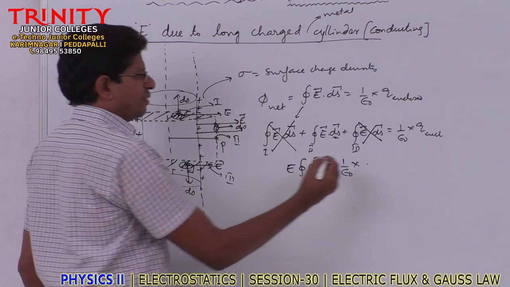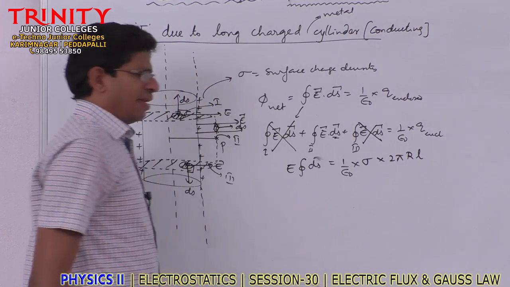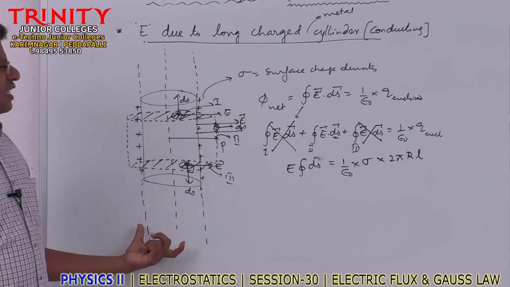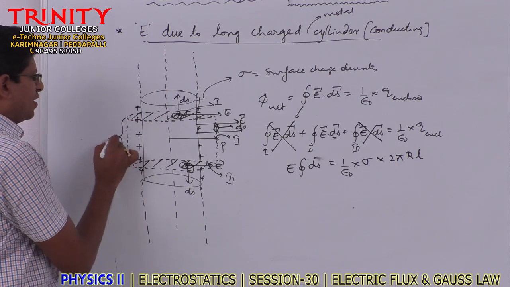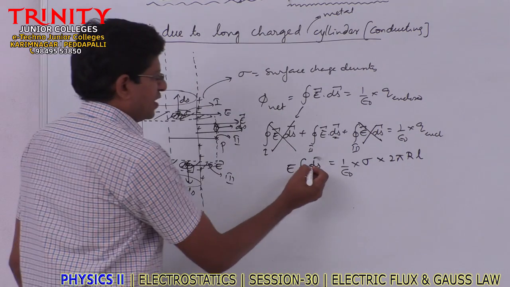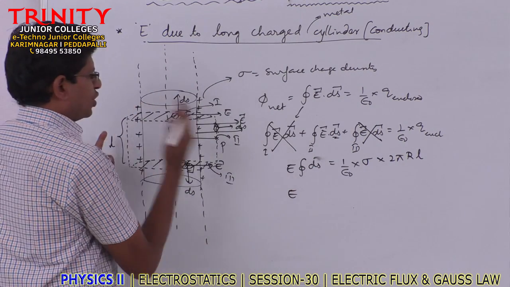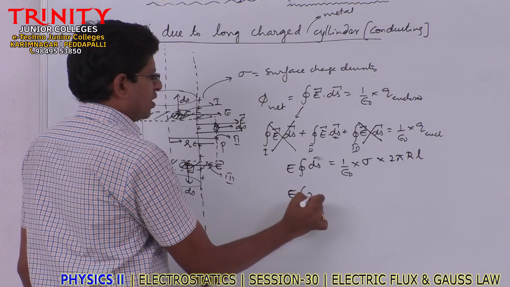So, you can write sigma into the surface area, which is 2 pi r l, the surface area of the cylindrical charged body, where l is the length of this Gaussian cylindrical surface. Now integrating ds, with r the distance of the point, we get E into 2 pi r l.